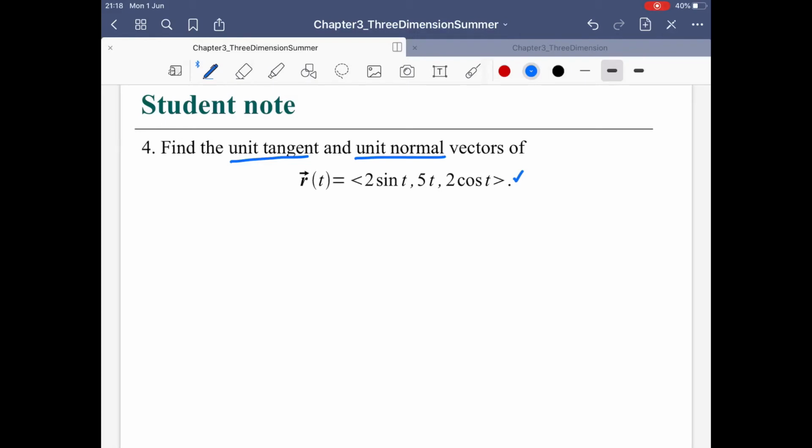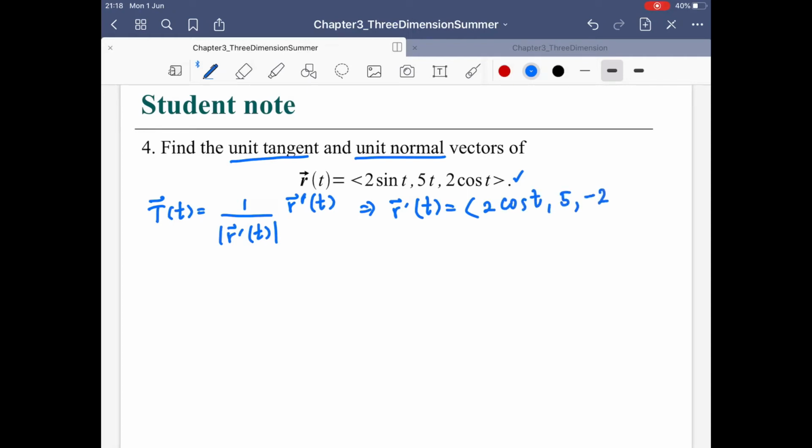So here to find a unit tangent vector capital T, you need to find your R prime and the length of R prime, so that you can find a unit tangent. So R prime is simply 2 cosine t, 5, and negative 2 sine t.